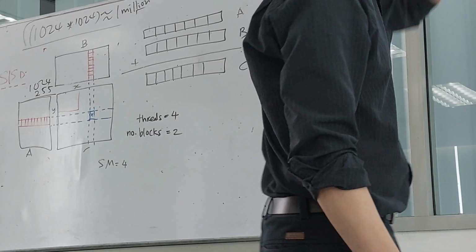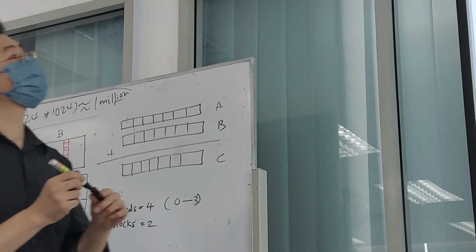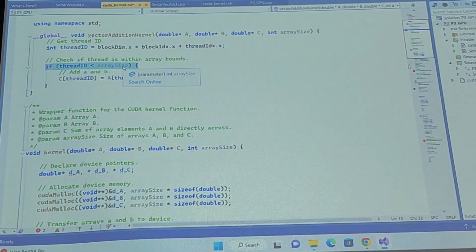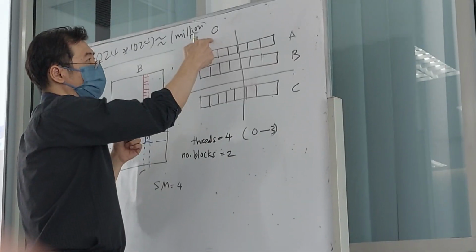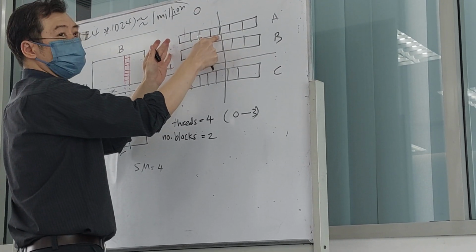Okay? So the block of 4 will appear like this. The thread number is 0 to 3. And the block ID is going to be 0 in the first one, so this is going to be executed as block ID equal to 0. And there are 4 altogether.